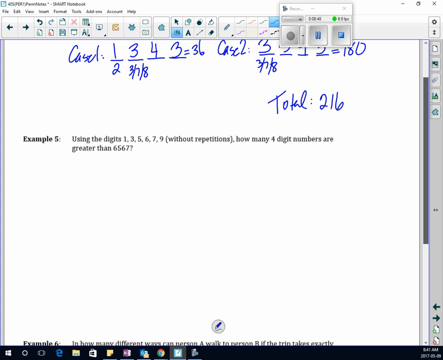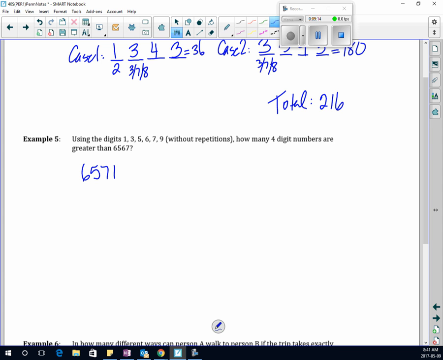Using the digits 1, 3, 5, 6, 7, 9, how many 4-digit numbers are greater than 6567? So let's make the first one that's bigger. Okay, so we can't have repetition. So 6, 5, 7, 1 would be the next biggest one.